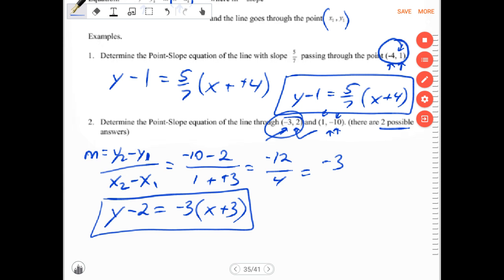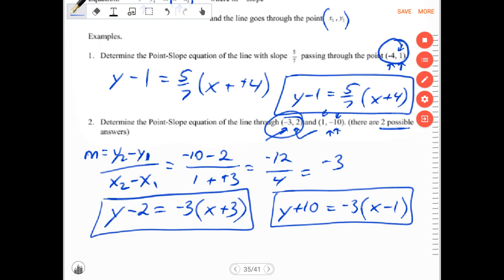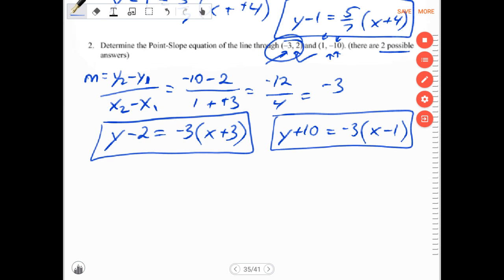Now that's good enough, but if you pick the other point, it's going to be exactly the same thing. So that's going to end up being y plus 10 equals -3 (x minus 1). Okay, so that is how we do that. Either form of those are exactly the same, and I'll prove it to you.